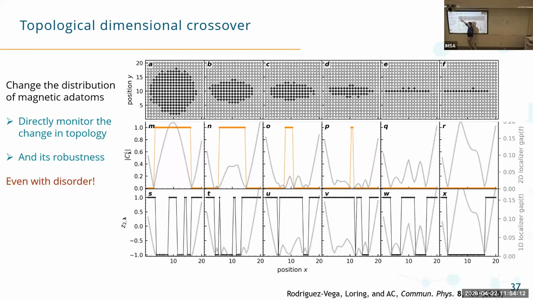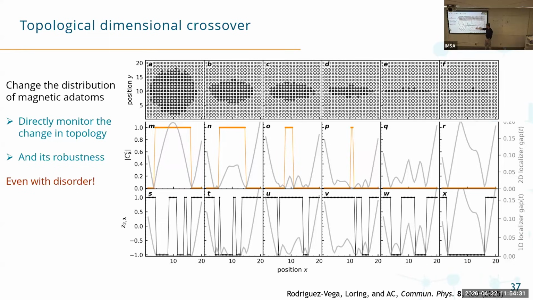You can then simultaneously look at both the 2D invariant and protection and the 1D invariant and protection, as we now change the distribution of these magnetic impurities from a disordered 2D disk to a disordered 1D line.